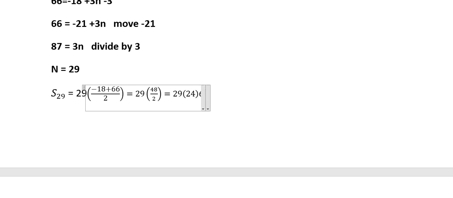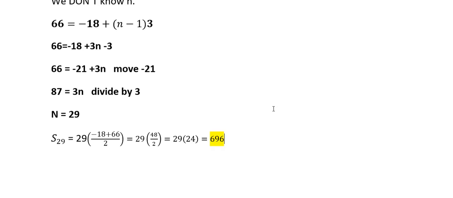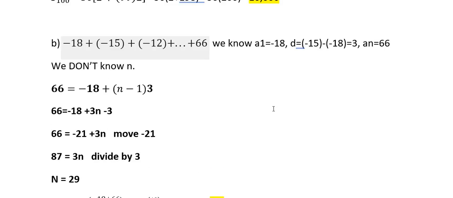And our final answer here, what do we get when we multiply that, is 696. So our sum will be 696. So we have to sometimes find what we don't know, and when you do that, you're going to go back to your equation that we used in the first part of the notes today.